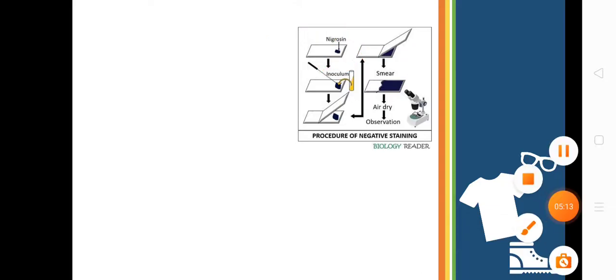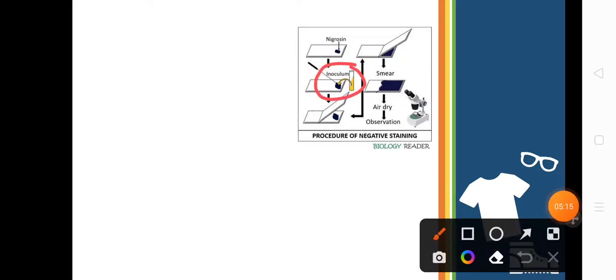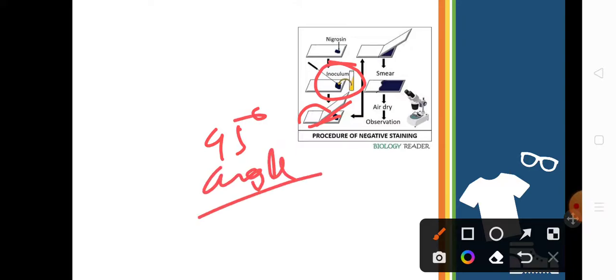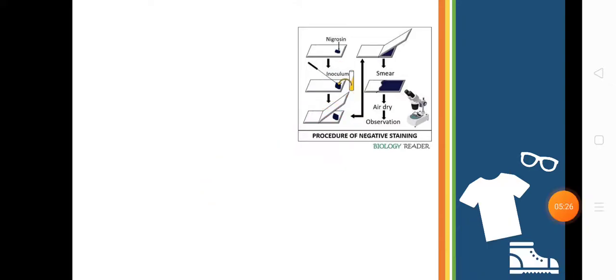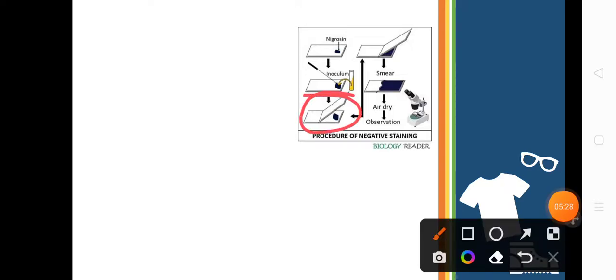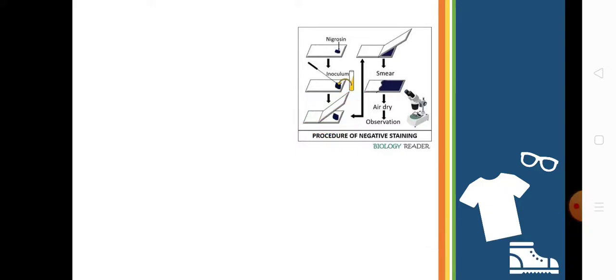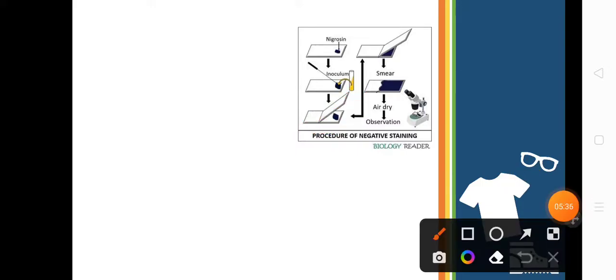Then they have taken the inoculum, right, and made the smear by tilting another slide at a 45-degree angle. Now after preparation of the smear, they have air dried it and observed it.